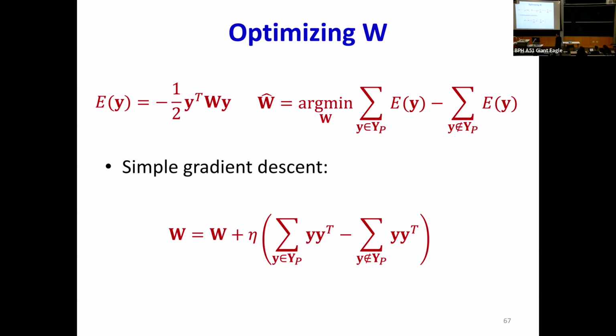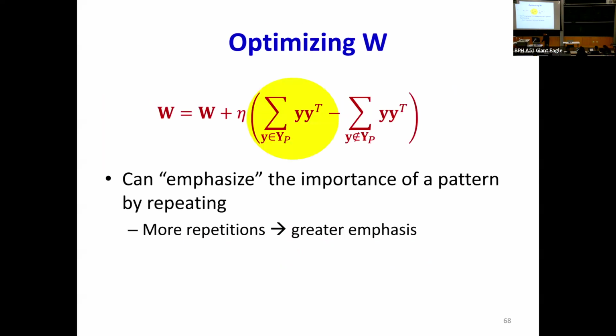So what is the solution? By the way, once I begin looking at this first term, if there are different memories that I want to remember, I can increase the importance of any particular memory by just repeating it. So you can think of this first term as having samples being drawn from the distribution of memories that you want to remember.